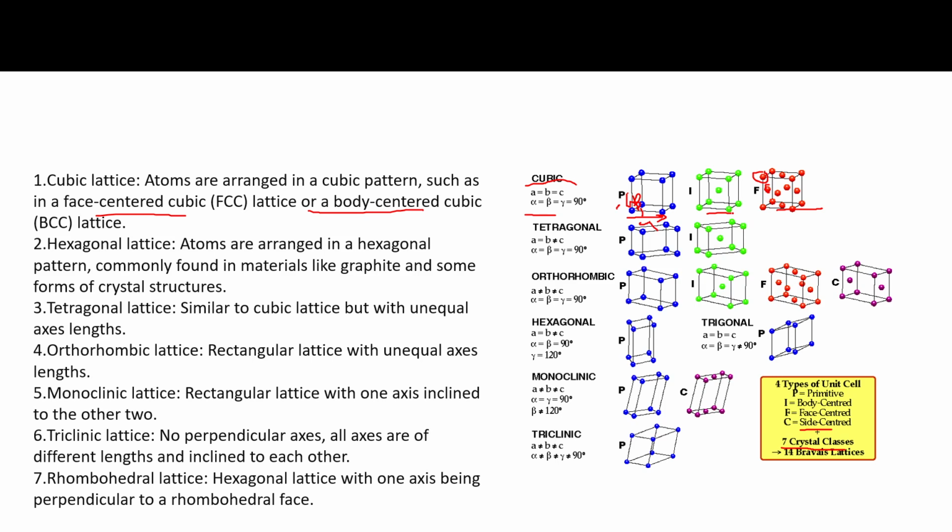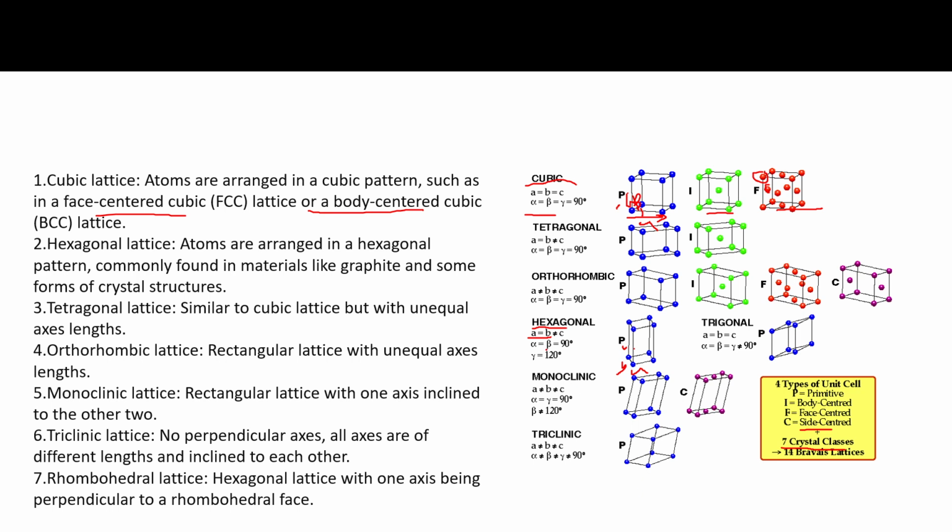Then the hexagonal. What is the difference? A equals B, so A and B are the same, but C is different. A equals B, but C is not equal to B. Then it will be hexagonal.